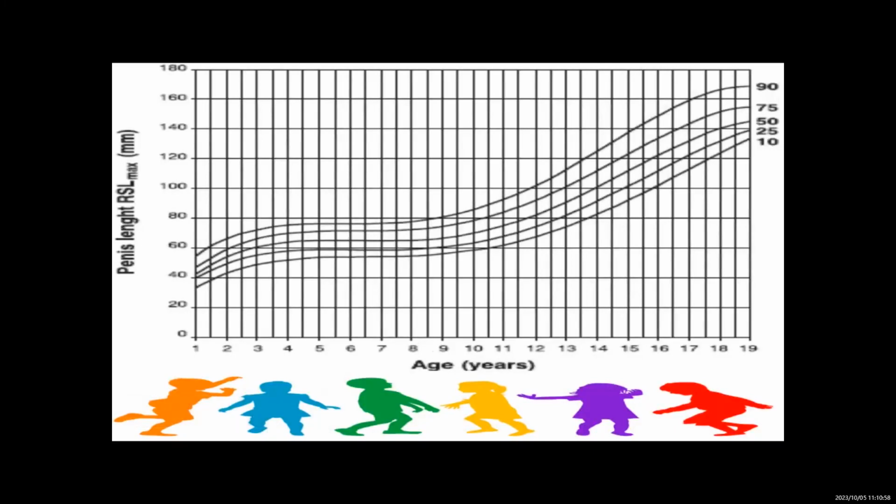It was 8, so if 40 is here, then roughly 50 will be there. So it might be falling somewhere in this place here, which is still below the 10th percentile for the length of the penis. So this is another graph that we can be aware of, especially in the development of kids.